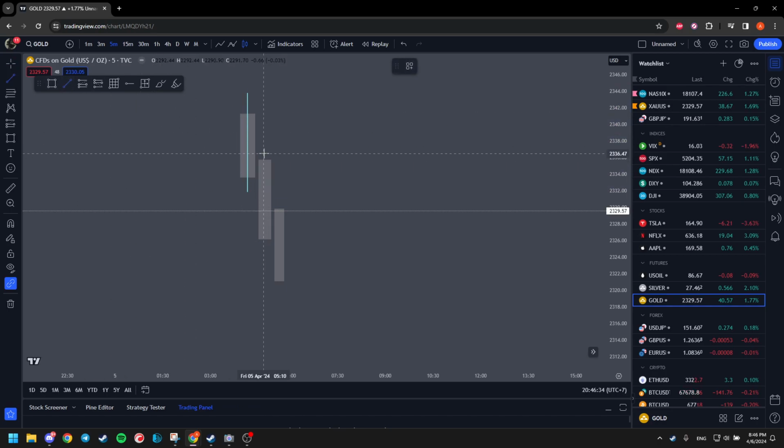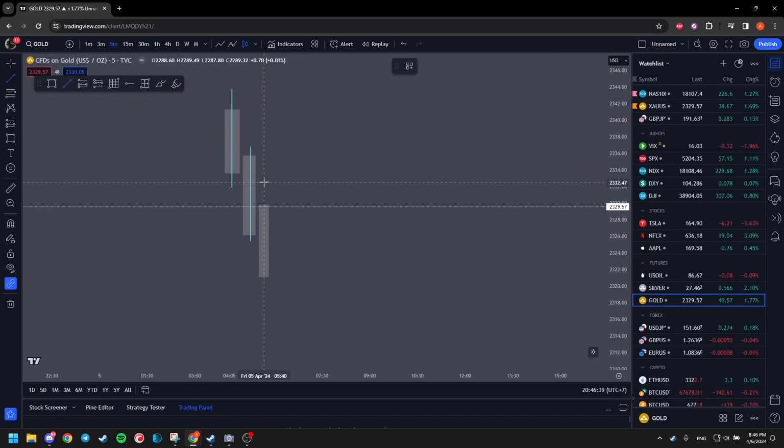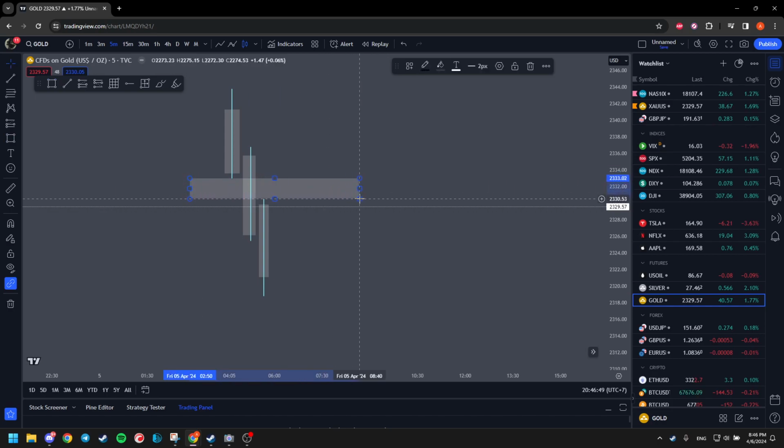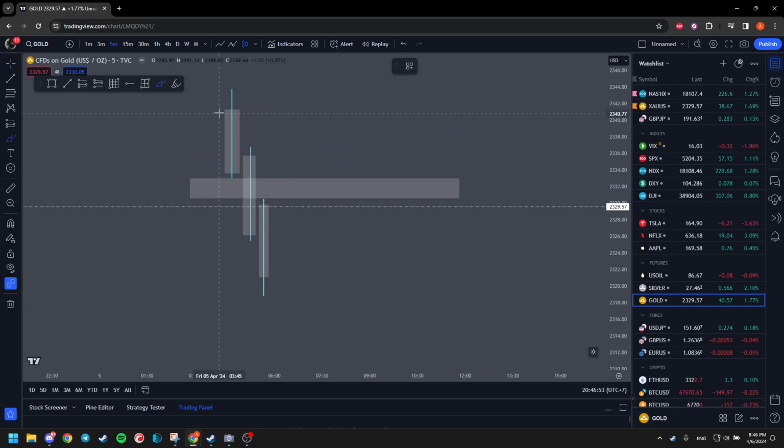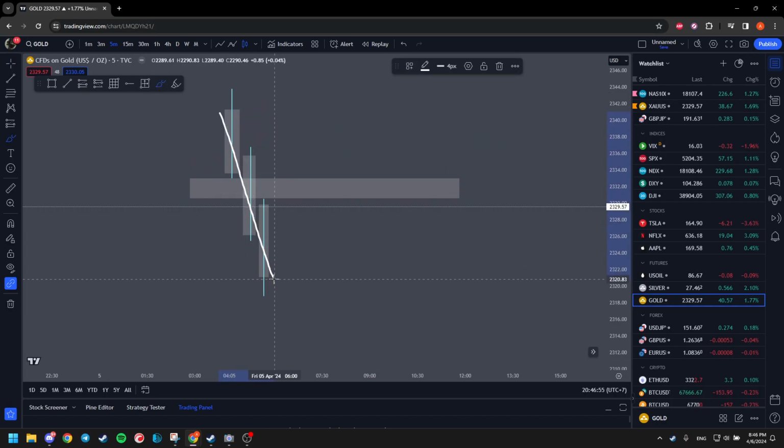Just making an example. This is a fair value gap. Why? Because there is no liquidity in these areas. So price would go down, and if it wants to go down even further, of course it will touch this fair value gap first. It goes back down. That's a fair value gap.